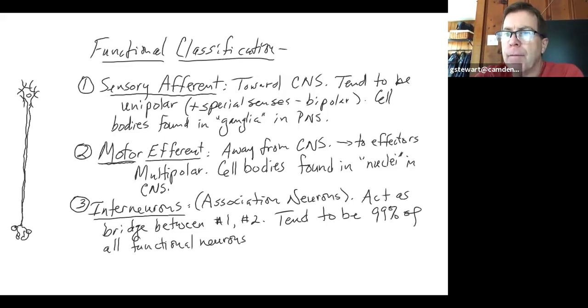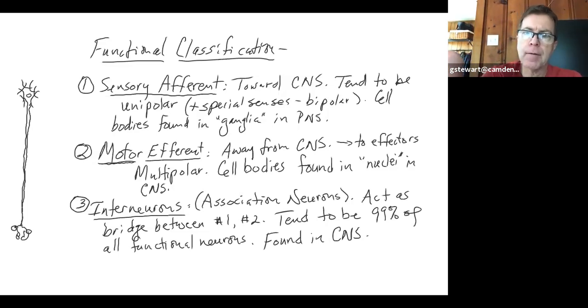These are found in the central nervous system. So these interneurons, let me just classify these. Interneurons tend to be multipolar. Motor neurons also tend to be multipolar in structural classification. And then sensories tend to be unipolar and bipolar.